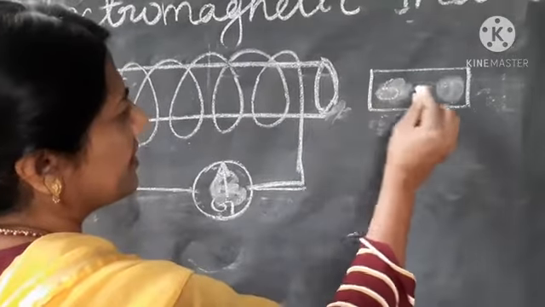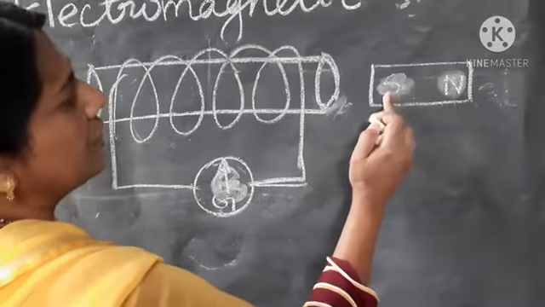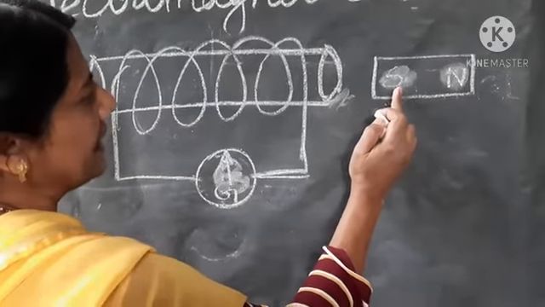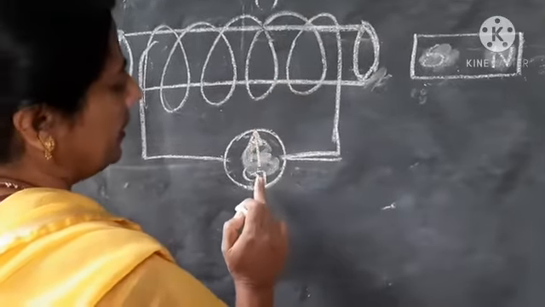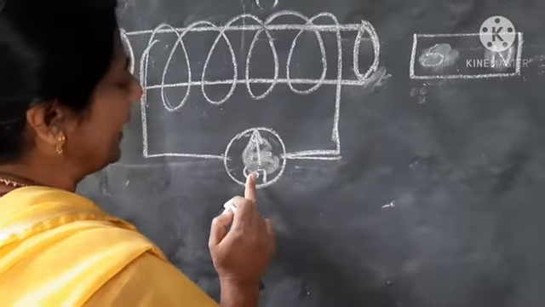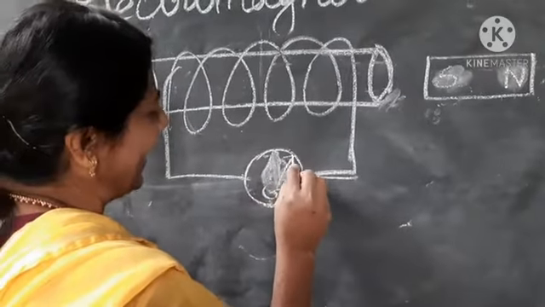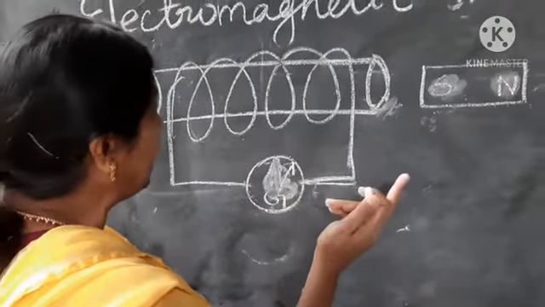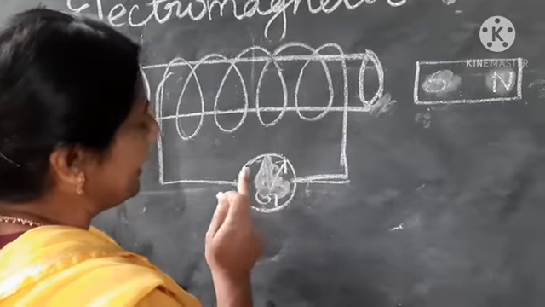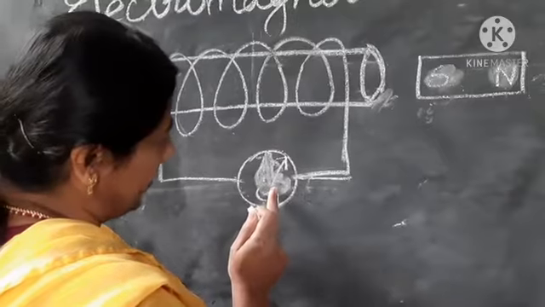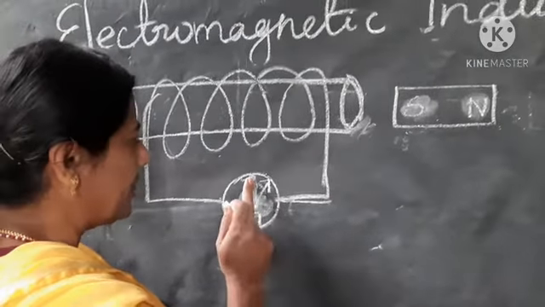For example, this is the south pole and this is the north pole. Now the south pole of the magnet is moved towards the cylindrical coil. What about the deflection in the needle of the galvanometer? It moves to the right side. But when the north pole was moving towards the cylindrical coil, it moved to the left side. Here it is reversed. Now keep it stationary. It will come to 0.